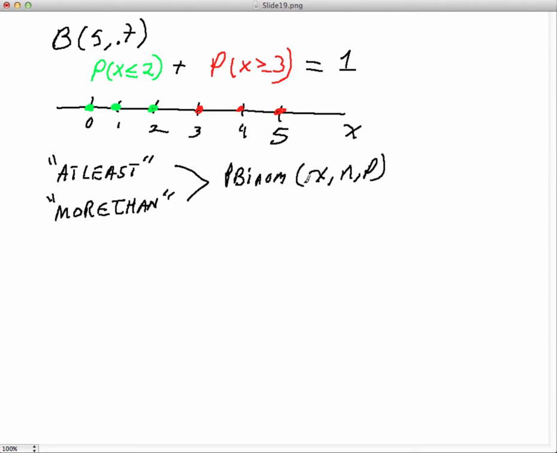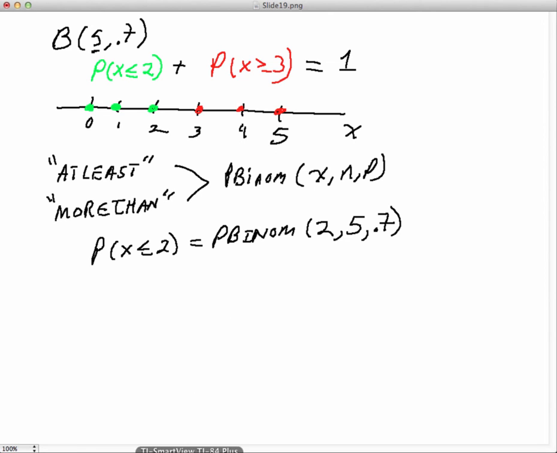In other words, you put in the number you want to add up to, the number of trials, and the probability of success in any one particular trial. So the probability of x being less than or equal to 2 is going to be p binom. Our x was 2 because that's what we're adding up to. Our n this time got changed to 5. Don't forget that, okay? And then our probability of success, that remained the same. That's still 0.7, okay? Or 70% of little buggers are drinking.